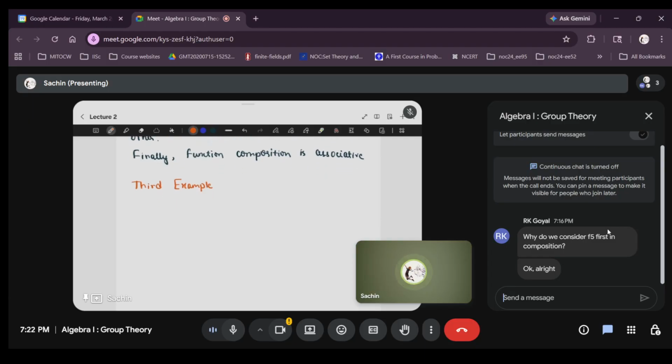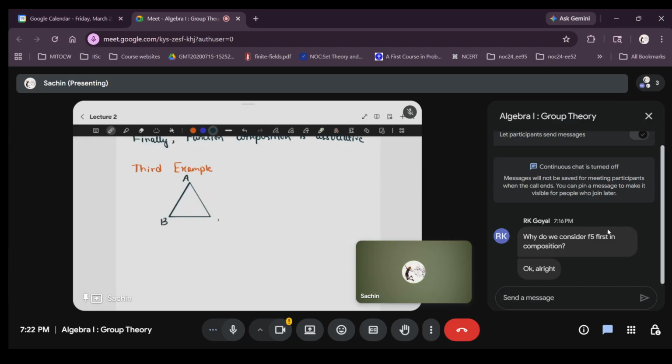The third example follows. Consider a triangle like this. Let this be the center point.